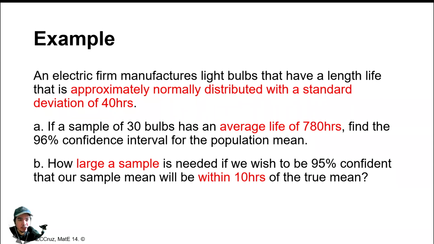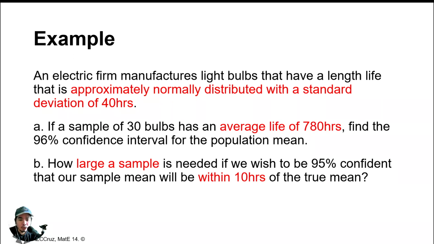So pagka sinabi nating a interval estimator of the mean, then we are saying that the true mean or the population mean lies between a particular interval, and we are sure that it lies in that interval at a certain percentage of confidence. Parang ganun yung implication ng isang estimation ng isang interval estimate.